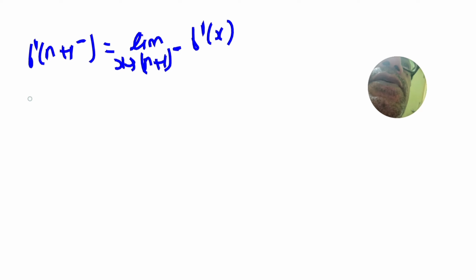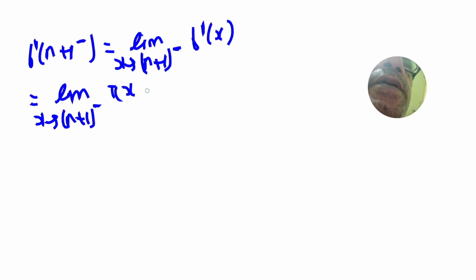f dash of n plus 1 minus is equal to limit x approaches n plus 1 minus f dash of x. So this is limit x approaches n plus 1 minus pi x cos pi x plus sin pi x.